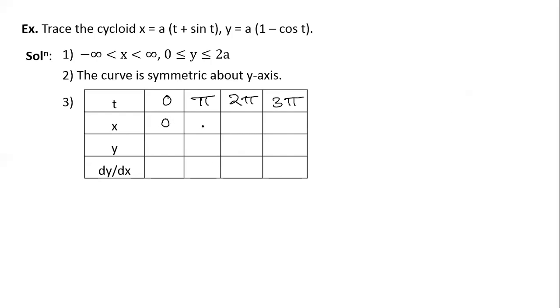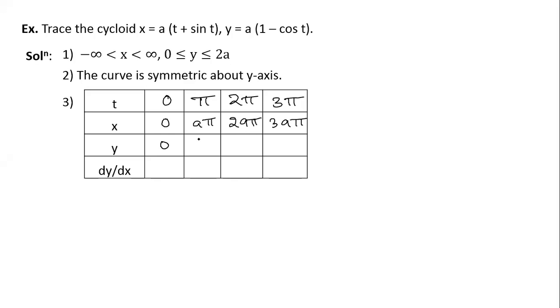Sin pi, sin 2 pi are all zeros. Then this will be a pi, 2a pi, 3a pi, and accordingly you have to find y also. When t equal to 0, y will be equal to 0.